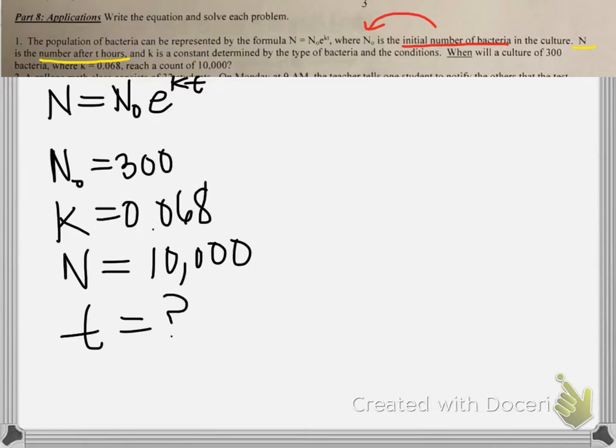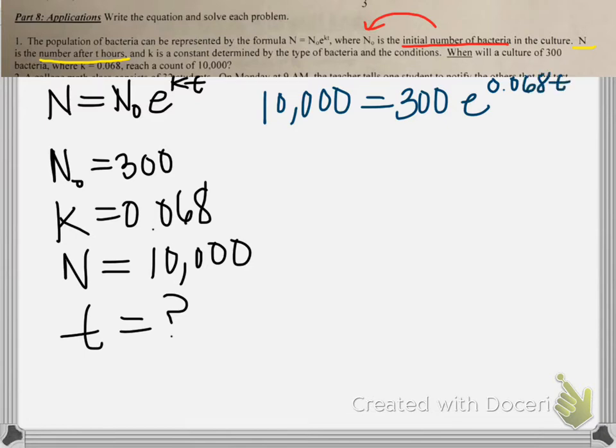All right, so let's go ahead and plug it in, and we're going to use logs to solve this. So let me go ahead and write it down. Plugged in. So now we have 10,000 equals 300 times e to the power of k, which is 0.068 times t.